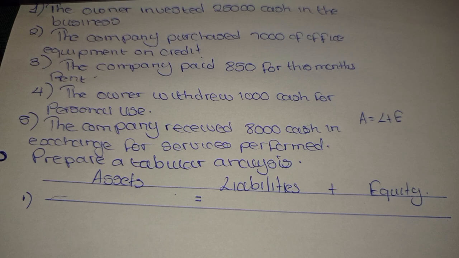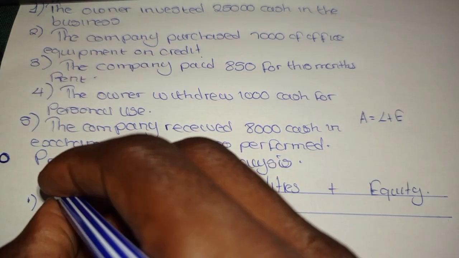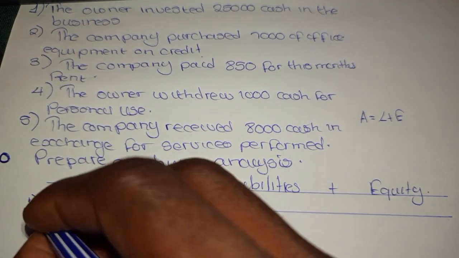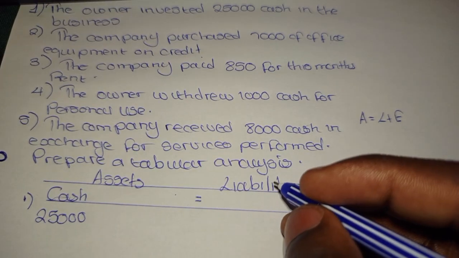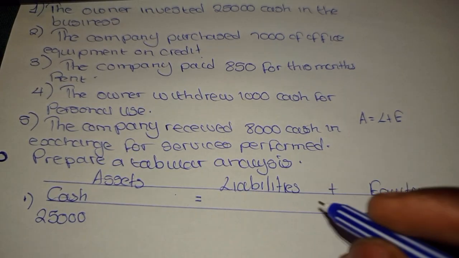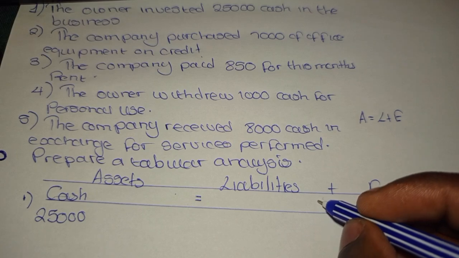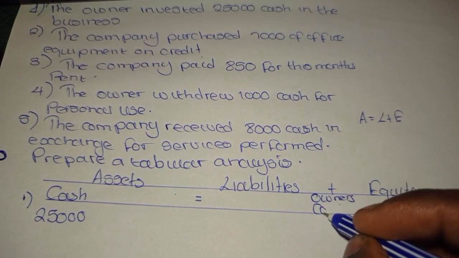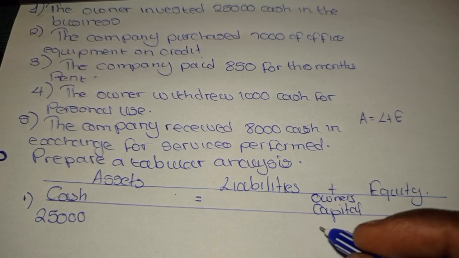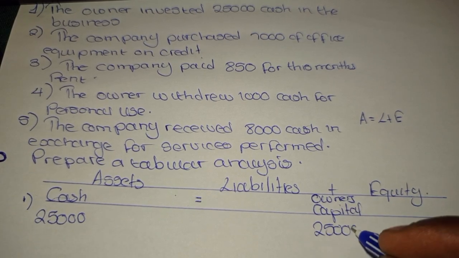So remember, when you invest money, meaning you're putting money in the business, which means you are increasing the cash account, and you are increasing the capital account. So we have our cash here, so which means you have increased your cash account by 25,000, and you have also put money in the business, and that is owner's capital. So that's owner's capital, which is 25,000.